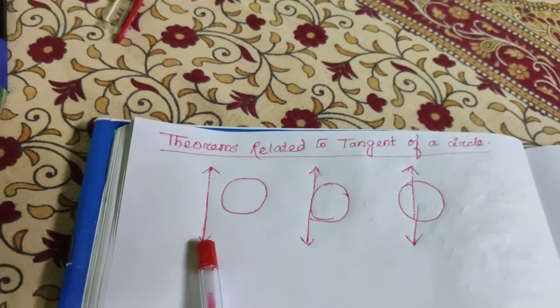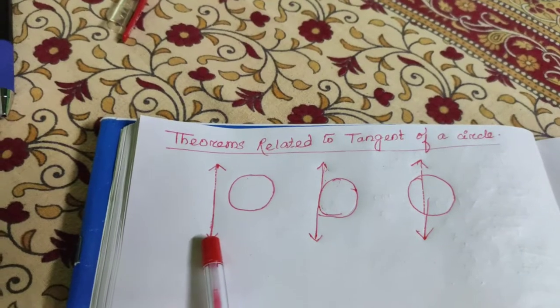In this case, the straight line is outside the circle.